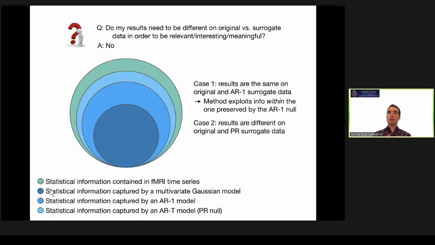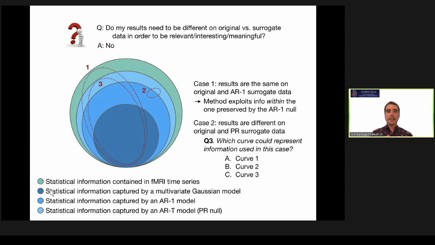Consider now another case where results are different on original and phase randomized surrogate data. So which curve could correspond to this situation? Is it curve 1, 2, or 3?